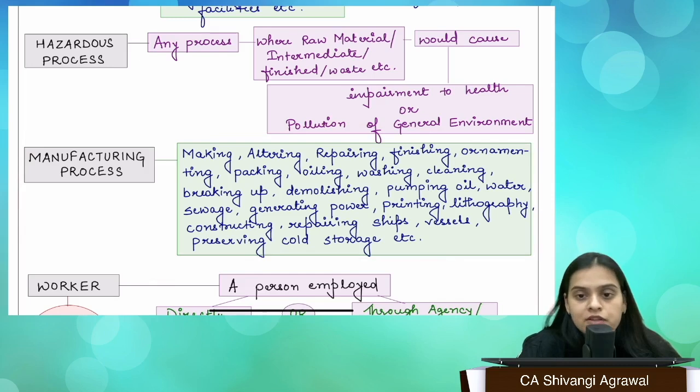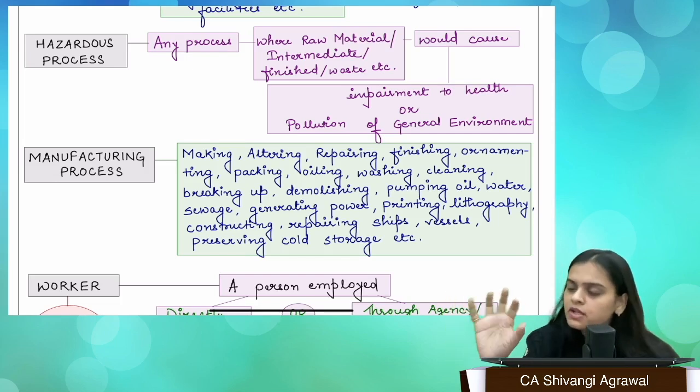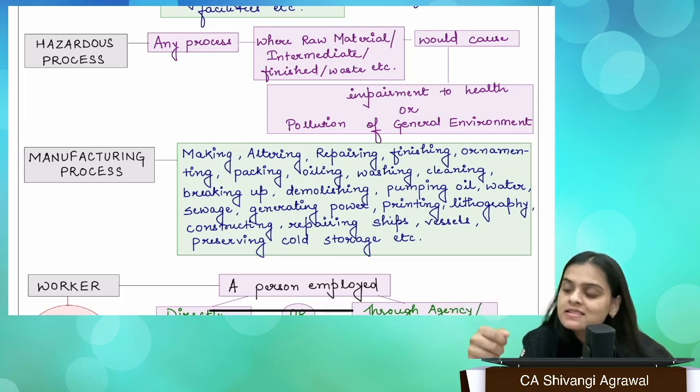Ma'am, do we need to learn the definition of manufacturing process? It's not very commonly asked, but of course, when it is included in your syllabus, you should be knowing everything. Now, let's say there is a factory or a place where somebody is stitching bags.